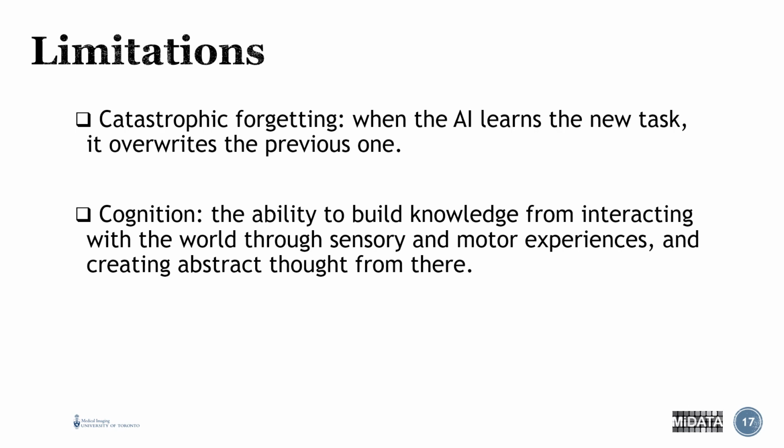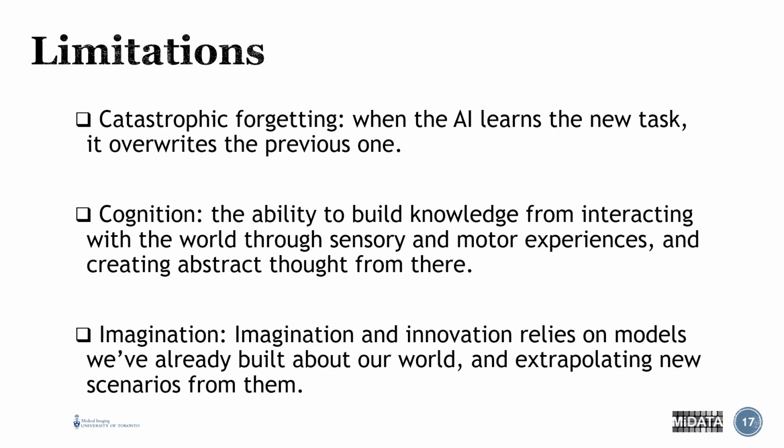We're not quite there yet with artificial intelligence. And imagination. Imagination and innovation rely on models we've already built about our world and extrapolating new scenarios from them. So right now, once again, artificial intelligence isn't there, but you can imagine people are working very hard at overcoming these three limitations as we speak.